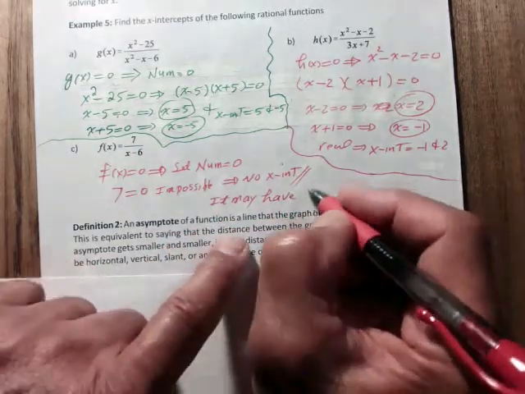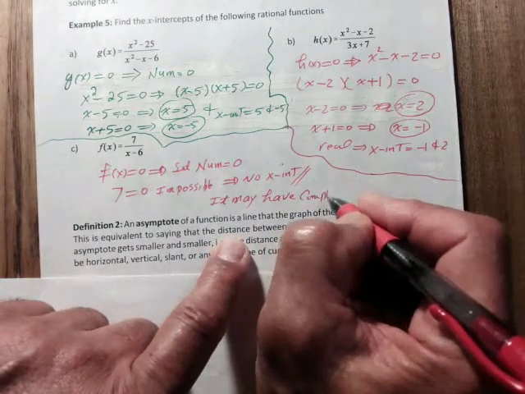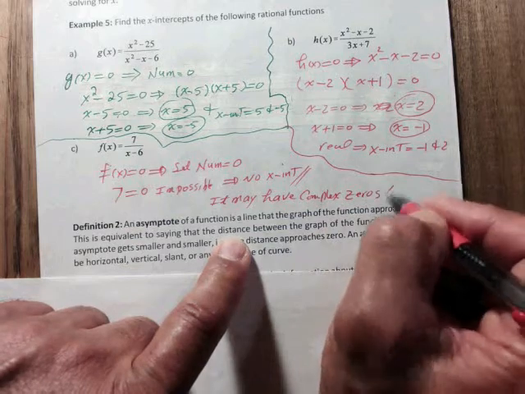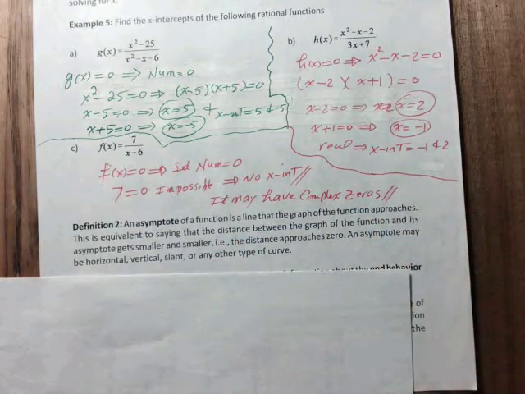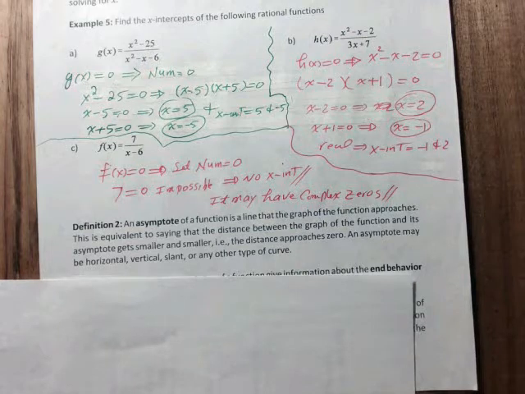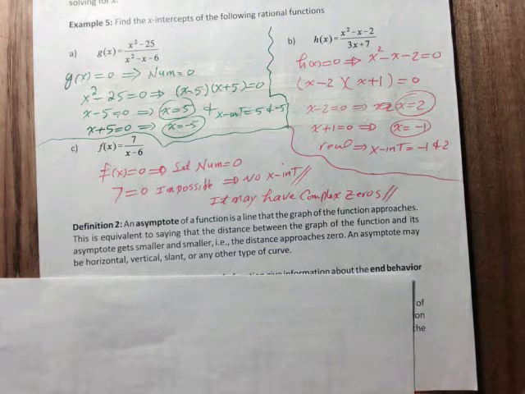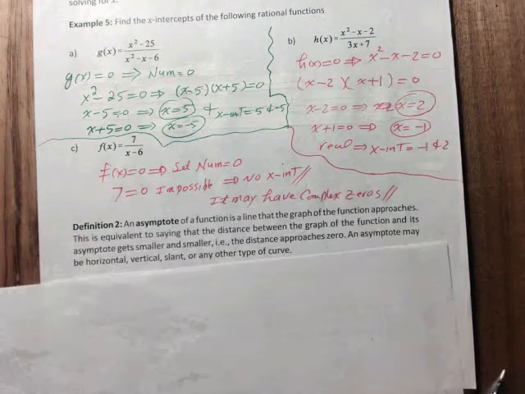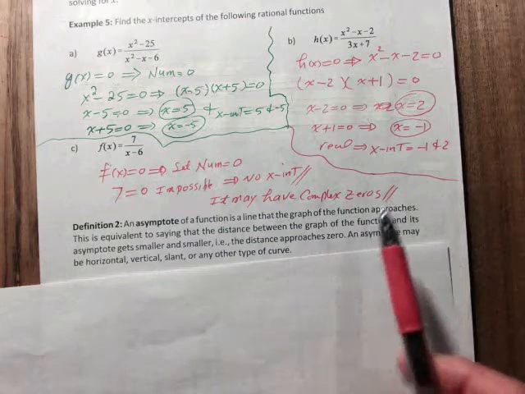If it has no x-intercept, it may have complex zeros, but I'm not going to make any attempt to find them. Okay, as I said, may not, who knows? Actually, if you want to, you have to go through the process. In this case, it doesn't actually.